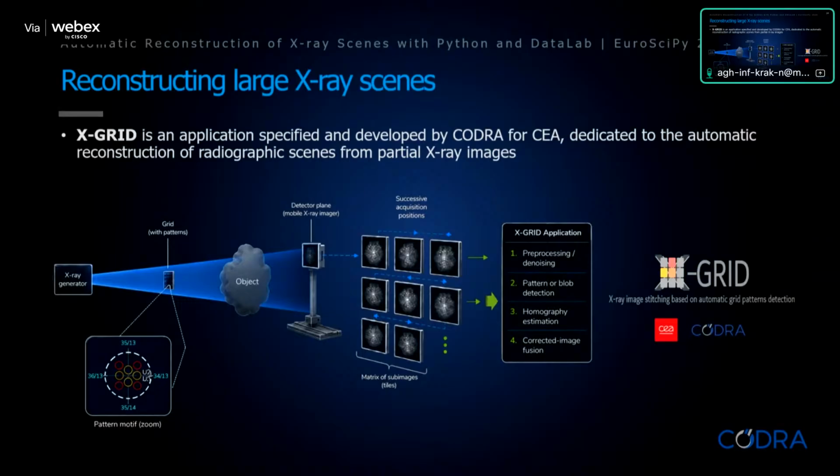And how would we be able to reconstruct the full scene image? Well, it's thanks to this grid here, which is composed of patterns that are made of metallic balls. And because metallic balls are either absorbing or scattering X-rays, they would be visible on the radiograph.